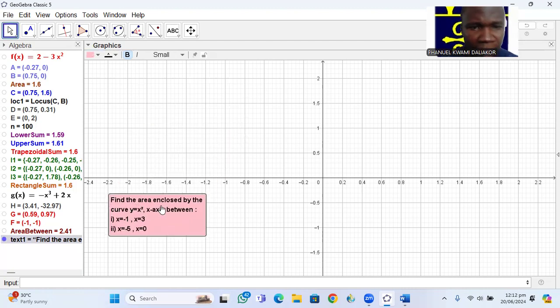So we'll find the area enclosed by the curve y equals x squared. Okay, maybe let's try 2x squared. That is not the question.